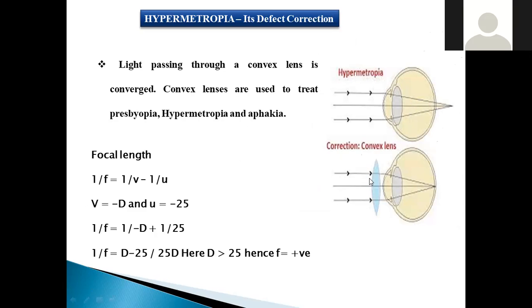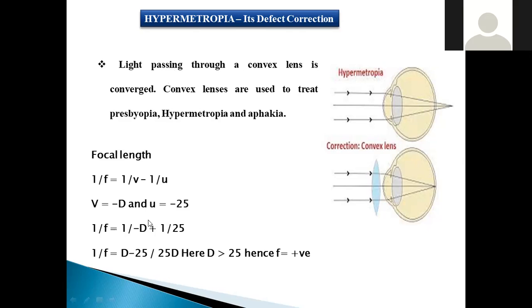In the second condition, we inserted a convex lens, which is a suitable lens. The convex lens is inserted in front of the human eye so that the object will be concentrated exactly on the retina instead of behind the retina. In this way, the convex lens is used to make the light fall exactly on the retina.